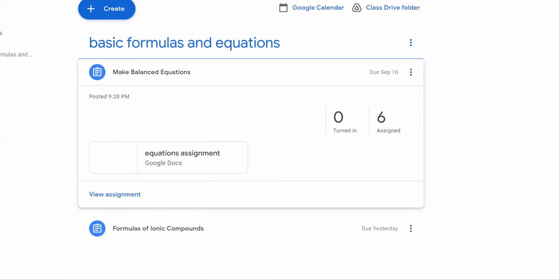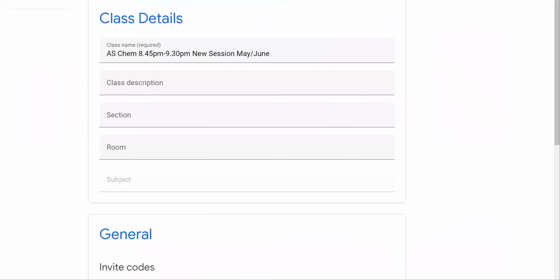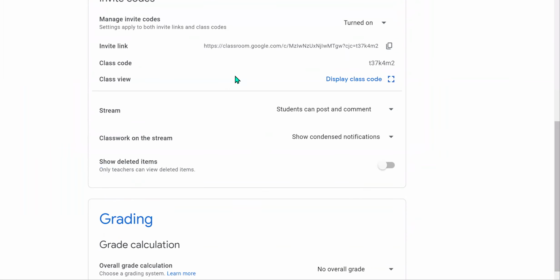Sir, where do I have to submit these assignments? I'm sending the link as well. On Google Classroom. This is the code. Do you use Google Classroom?